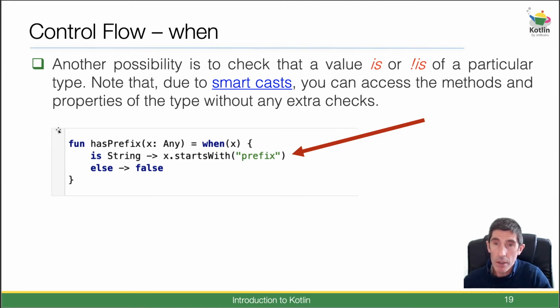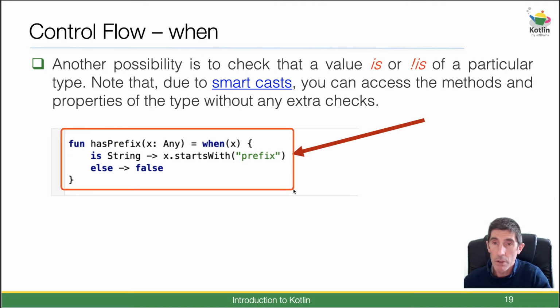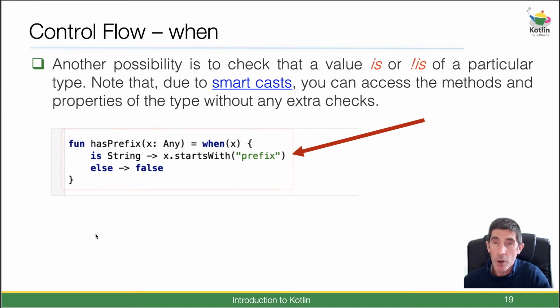So here we're saying, this example here, this function here, okay, we have a function called hasPrefix. This is another new type, as we're seeing there now. It can be anything. So you specify the type as Any. So that there's a lot of flexibility in that particular function. So the value x can be anything. And then we're actually assigning a when as an expression.